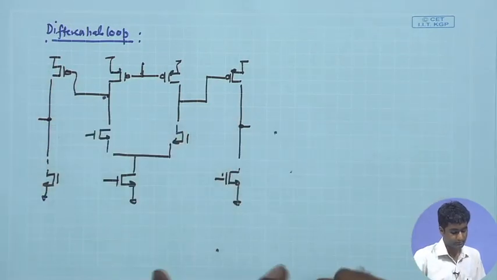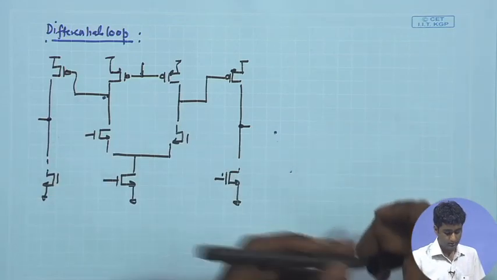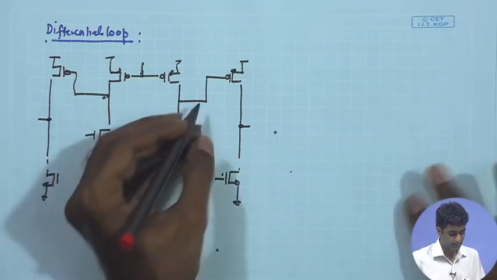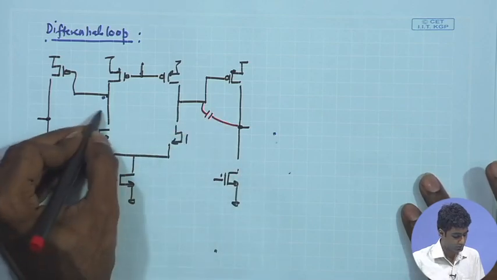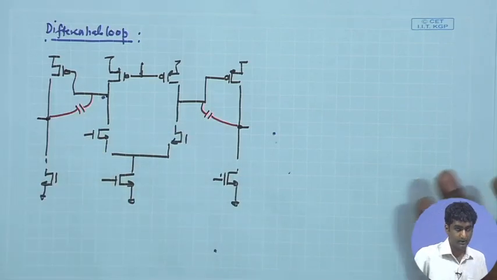And therefore, for the differential loop, once again we have claimed that the same capacitor over here is going to compensate the differential loop as well.